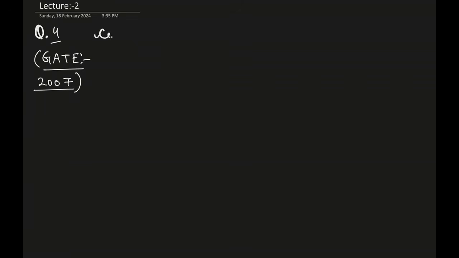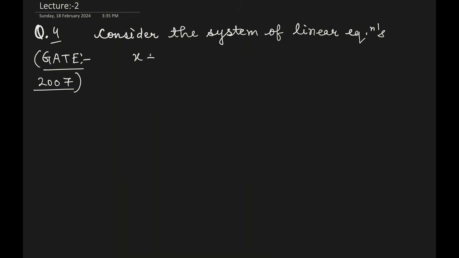Consider the system of linear equations x plus y plus z equal to 3, x minus y minus z equal to 4, x minus 5y plus kz equal to 6.